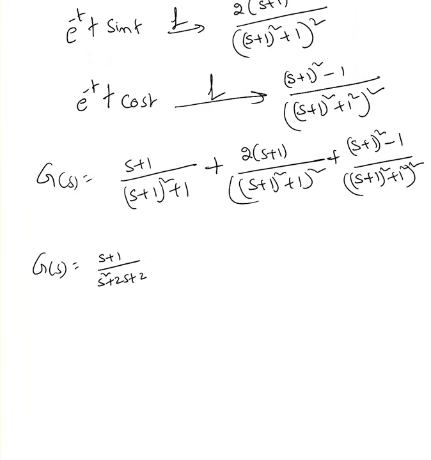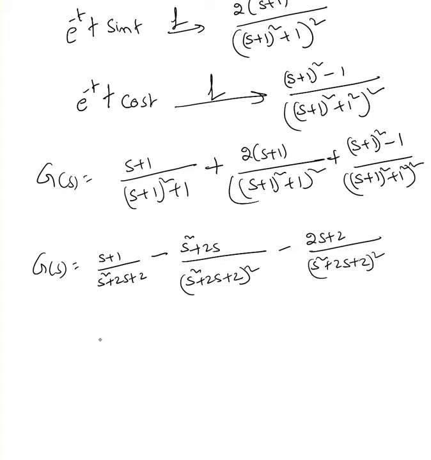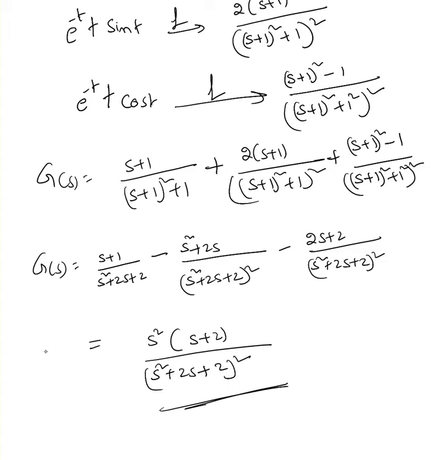So it's going to be minus s square plus 2s over s square plus 2s plus 2 whole square, minus 2s plus 2 over s square plus 2s plus 2 whole square. Further, if we simplify it, it's going to be s square times s plus 2 divided by s square plus 2s plus 2 whole square. That's the g of s after transferring into the Laplace domain.